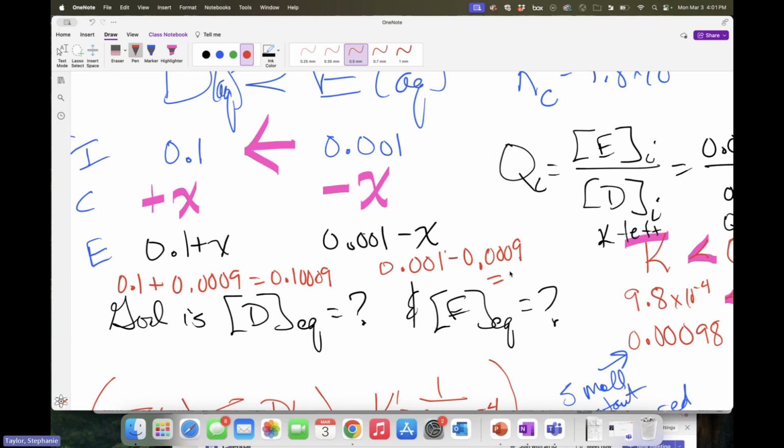Scientific notation would help me out a lot. 9.9 times 10 to the -5. Shoo!